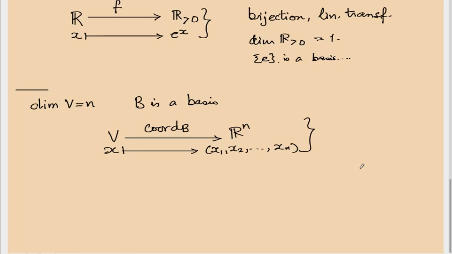So however weird, however strange that vector space V might be, choosing a basis B, it is giving a very, very familiar presentation in Rn, where n is its dimension. So that's the whole story, and we shall look into some consequences of this in this lecture again.